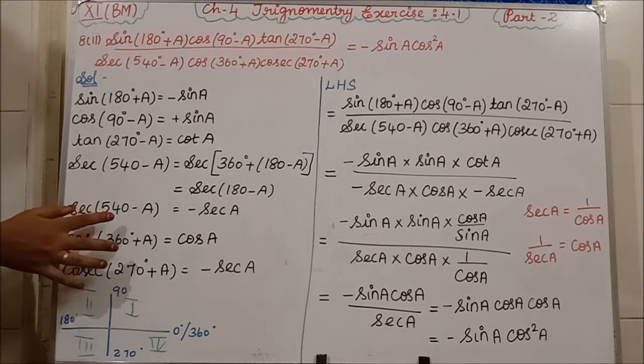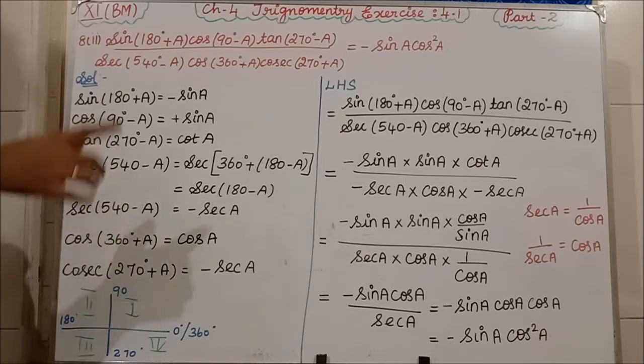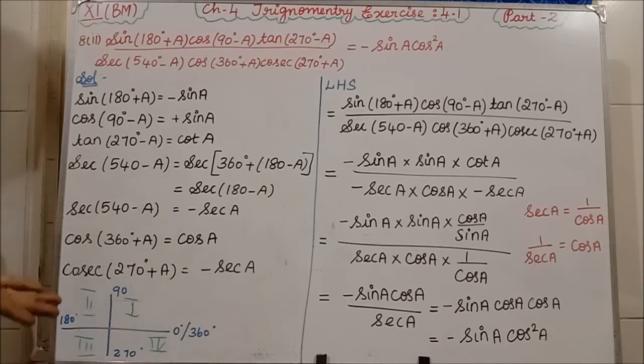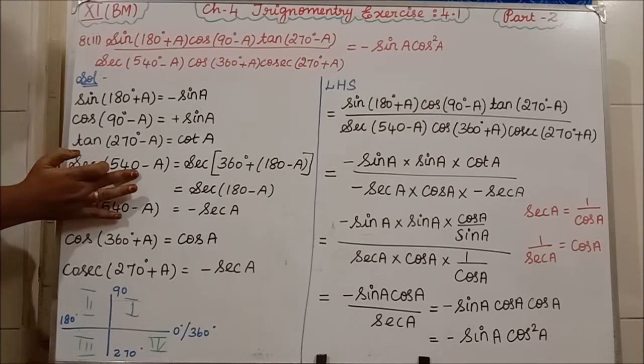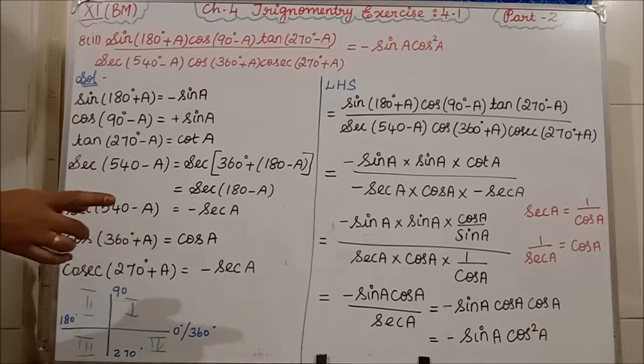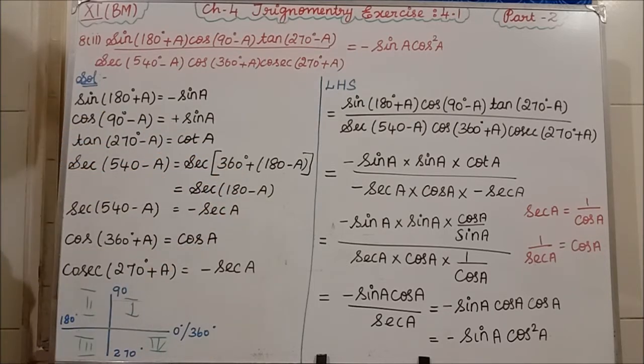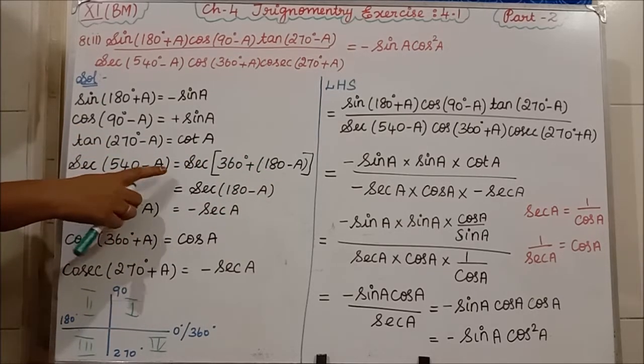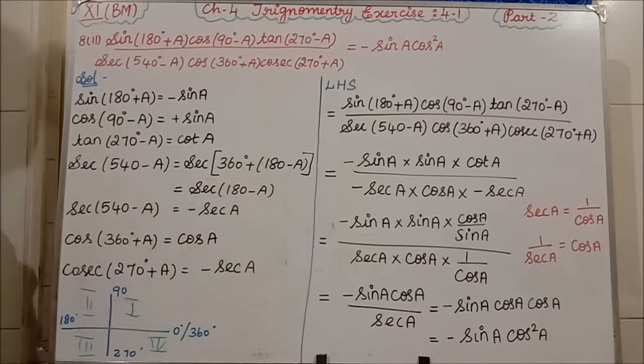So what I am doing is splitting this 540 according to 180 or 360 or 90 or 270 degree. That is your wish; based on any number you can split that. So 540, I am splitting with 360 degree. In that 360 degree, if you add 180 degree we will get 540. So 360 degree plus 180 minus A we have, so minus A I have written.